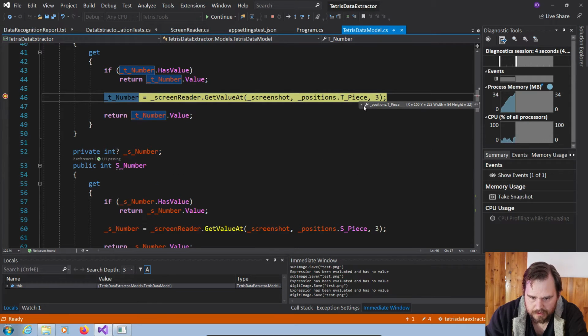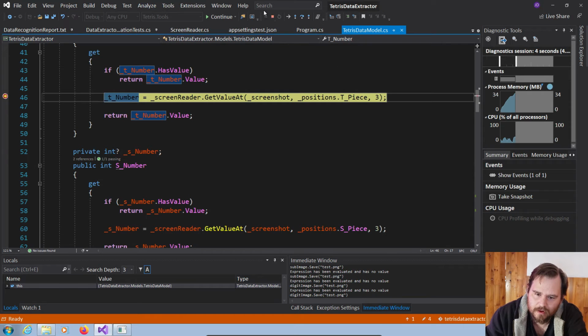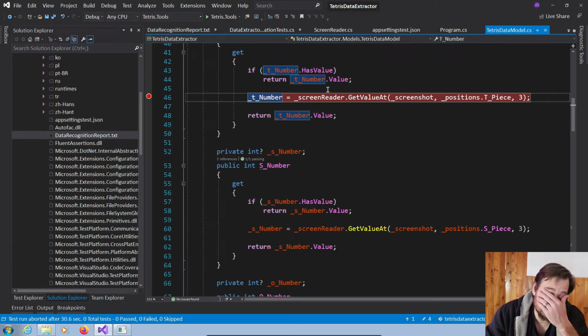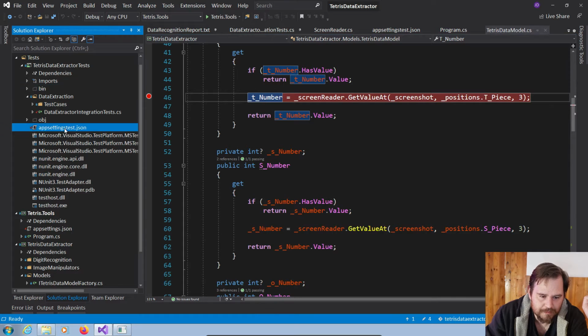Make sure this positioning looks okay. No, the positioning looks terrible. Look at this. Why did I say it was 84? Oh, but see, I keep putting in the wrong number into my app settings here.